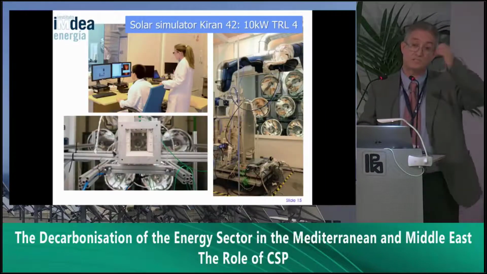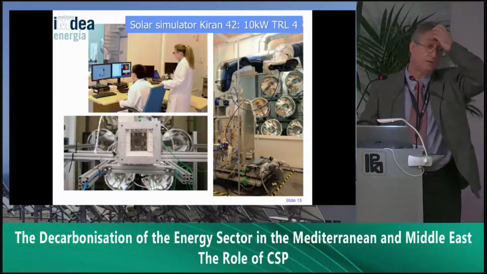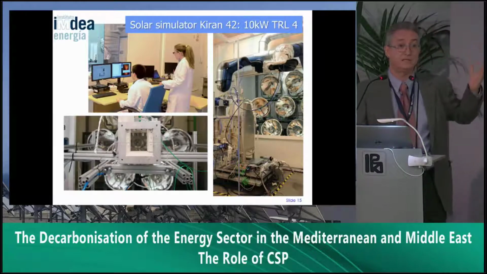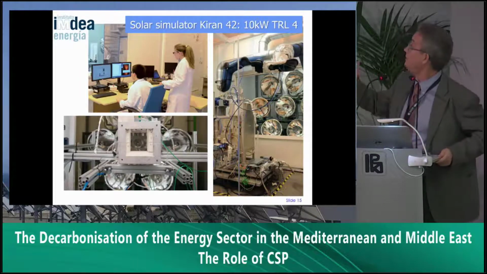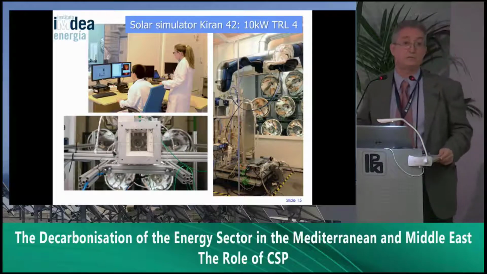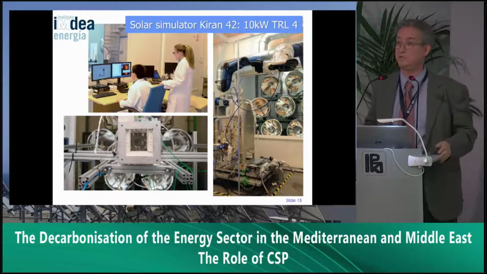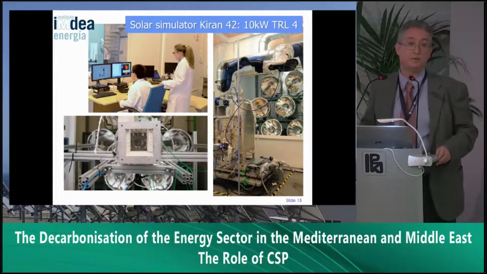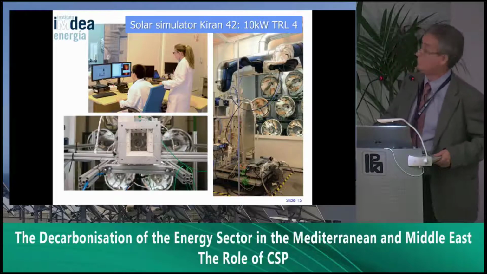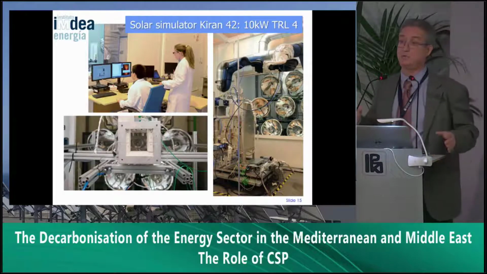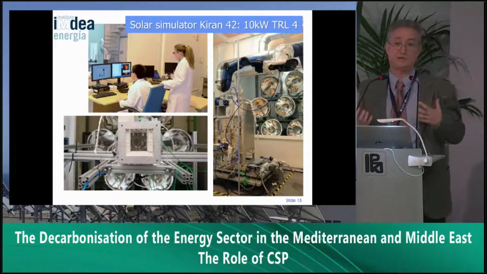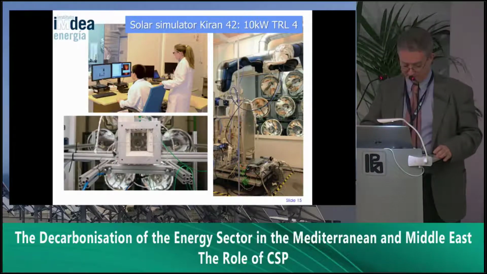You need the second step, I would say TRL4, that we are also trying, and you know that many of the solar chemistry researchers are now developing their own solar simulators. Probably the largest community in solar simulators at this level is the community of chemistry and materials testing, because at the end it is the size where you can really pass from the material problem to the heat transfer problem in the microreactor.